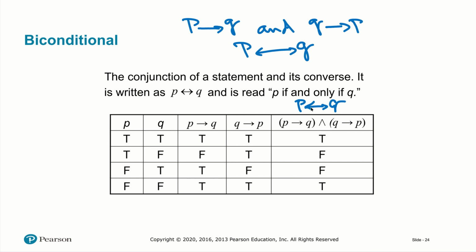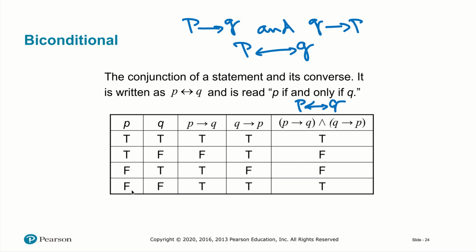A biconditional is true only if both P and Q are true, or P and Q are both false. Otherwise, the biconditional becomes false, which makes sense, right? Because if they're both false as well, one implies the other, the second implies the first.